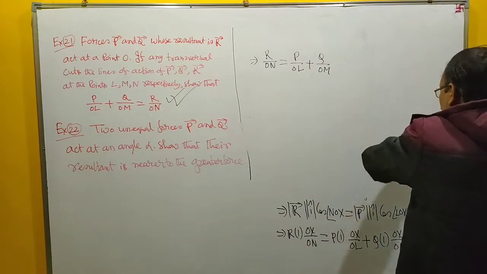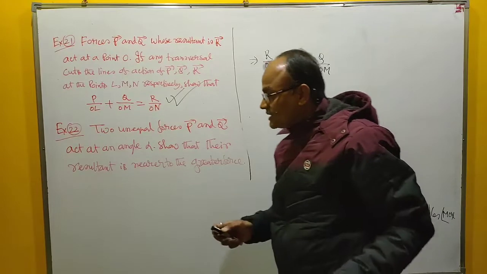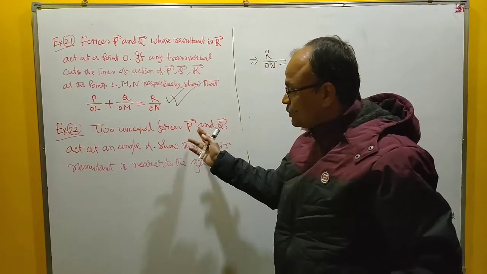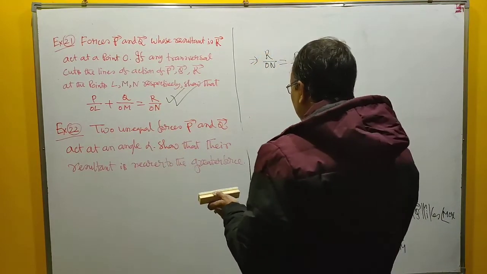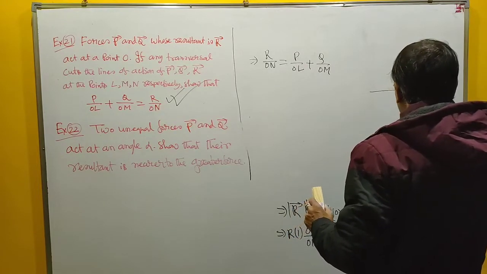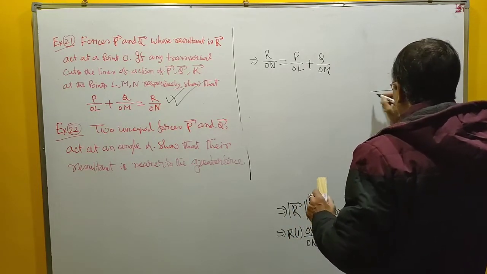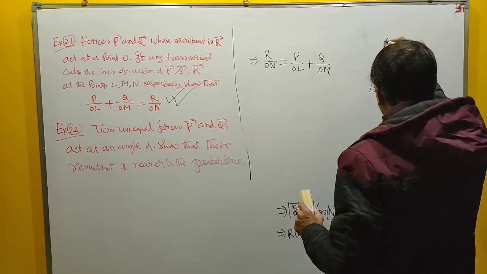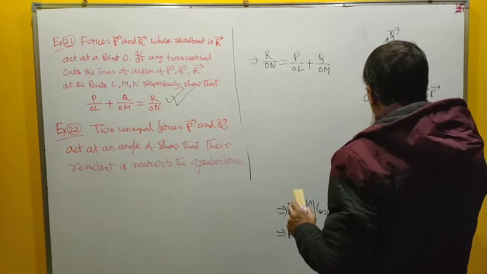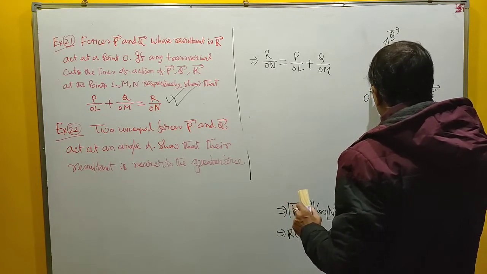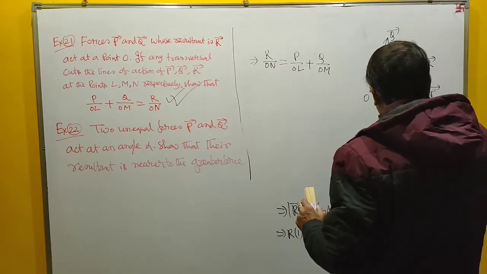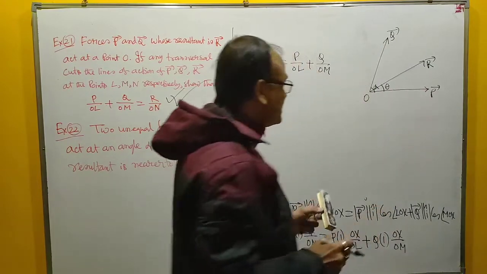Suppose two forces P and Q, and let us suppose that P is greater than Q. Suppose this is force P, and this is force Q. They act at an angle alpha. Suppose their resultant is R. The resultant makes an angle theta with the direction of P.